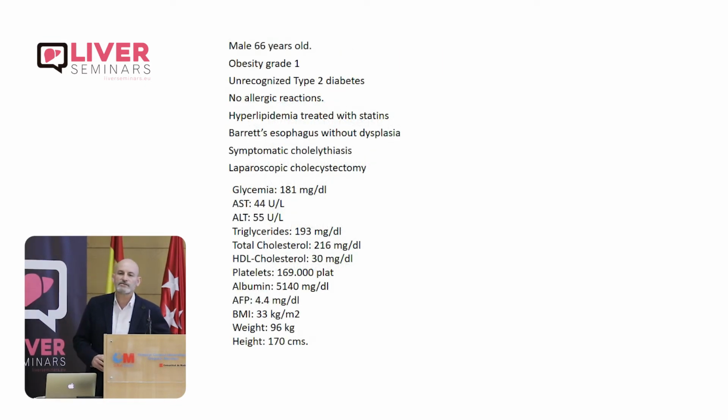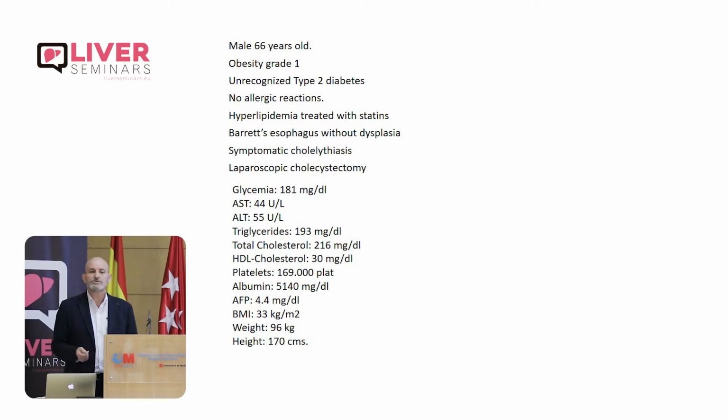I'd like to start with this clinical case. It's a 66-year-old patient who arrived at my outpatient office one year ago, suffering from obesity, unrecognized type 2 diabetes, no allergy reaction, hyperlipidemia, Barrett's, and symptomatic cholecystitis.